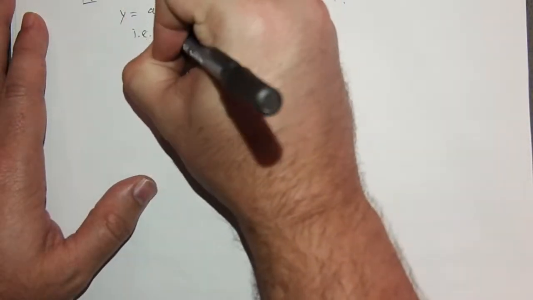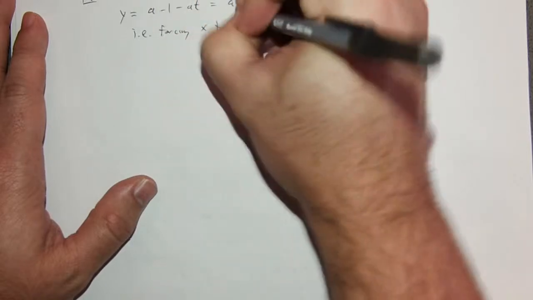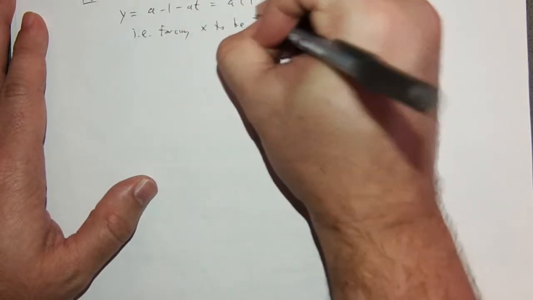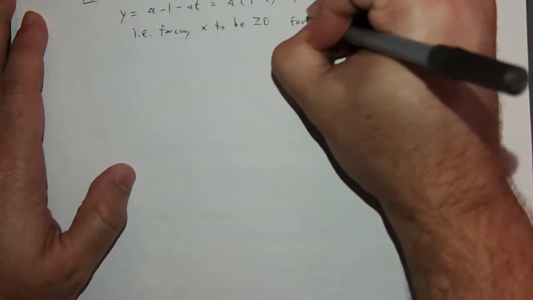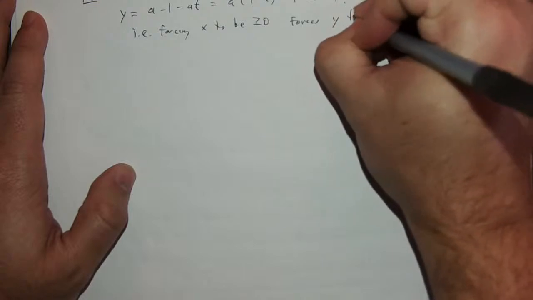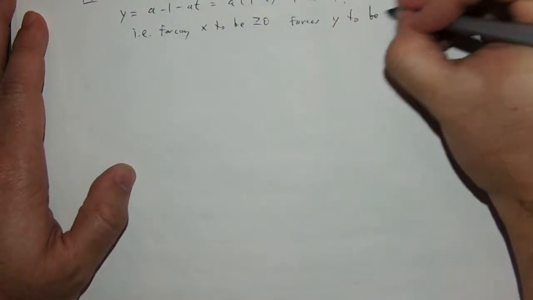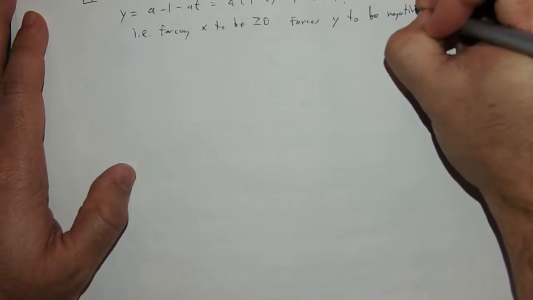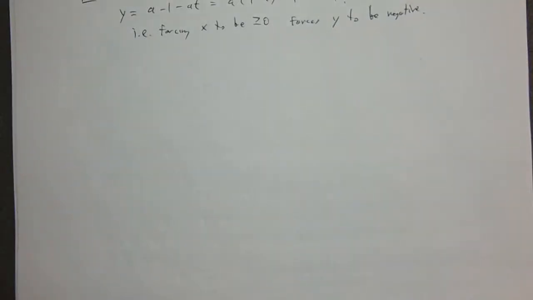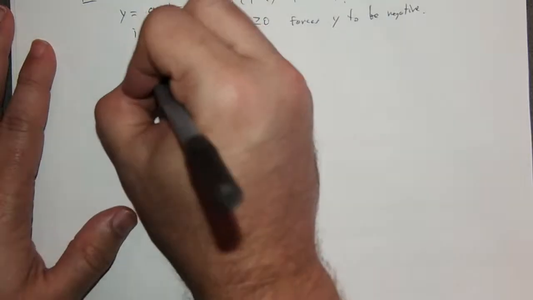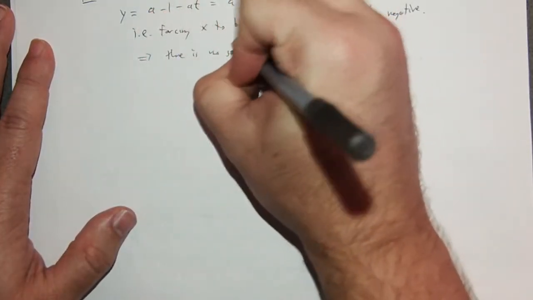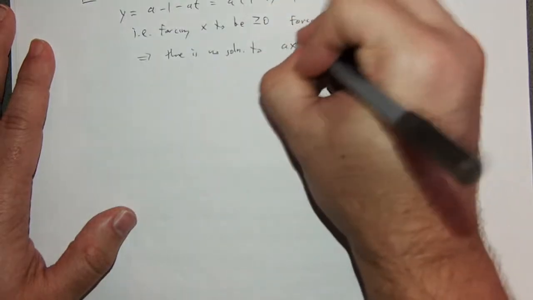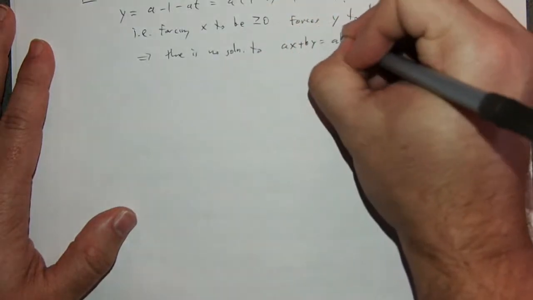That is, forcing x to be greater than or equal to 0, non-negative, forces y to be negative. So you can't have both of them non-negative, i.e., there is no solution to the equation ax plus by is equal to ab minus a minus b.